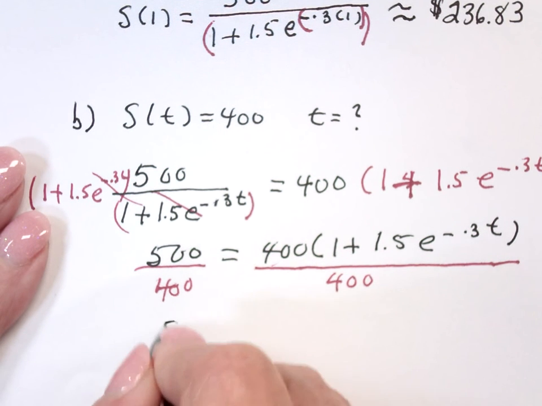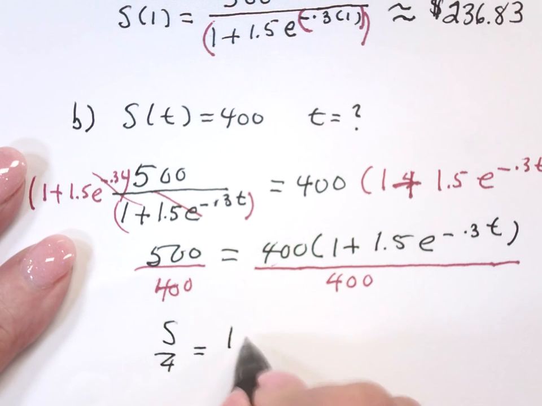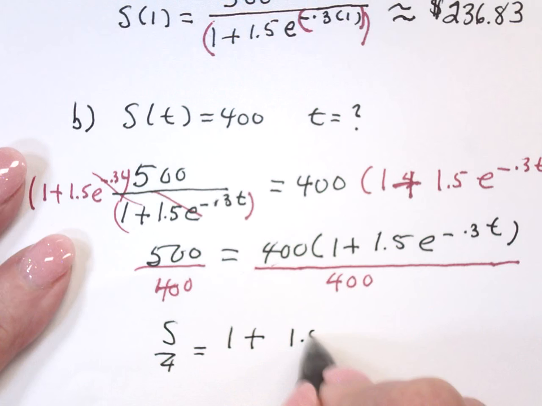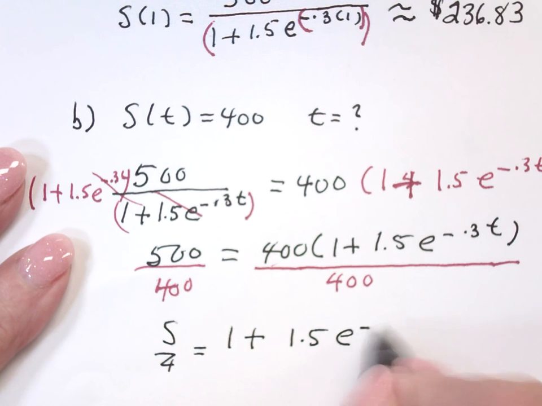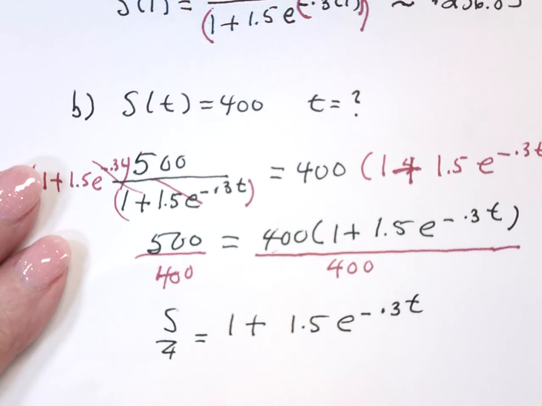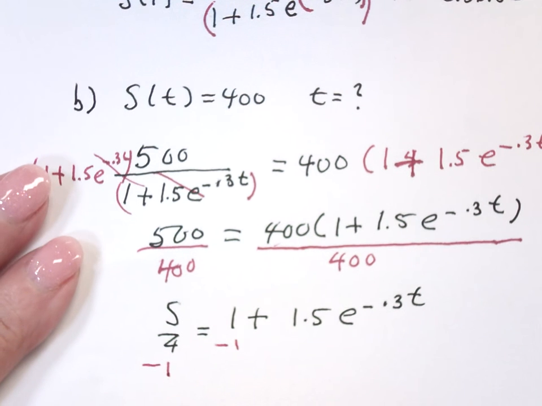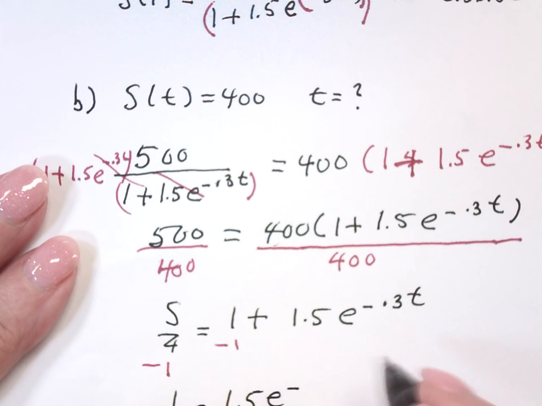This ends up being 5/4 equals 1 plus 1.5 e to the negative 0.3t. Subtract 1 from both sides. 1/4 equals 1.5 e to the negative 0.3t.